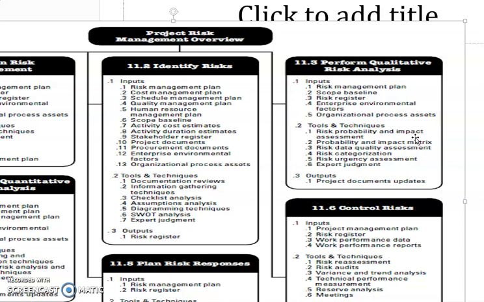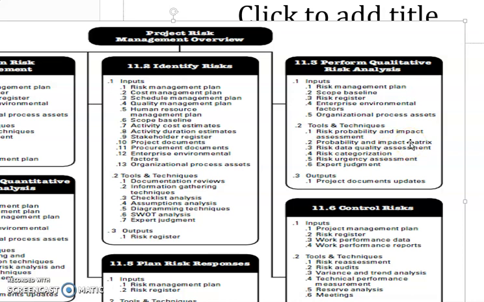If it is higher than 3 and less than 10, it is high. So based on that, you have to score and rank the list of risks. For that, this assessment is used. From this assessment, we have to prepare the probability and impact matrix.